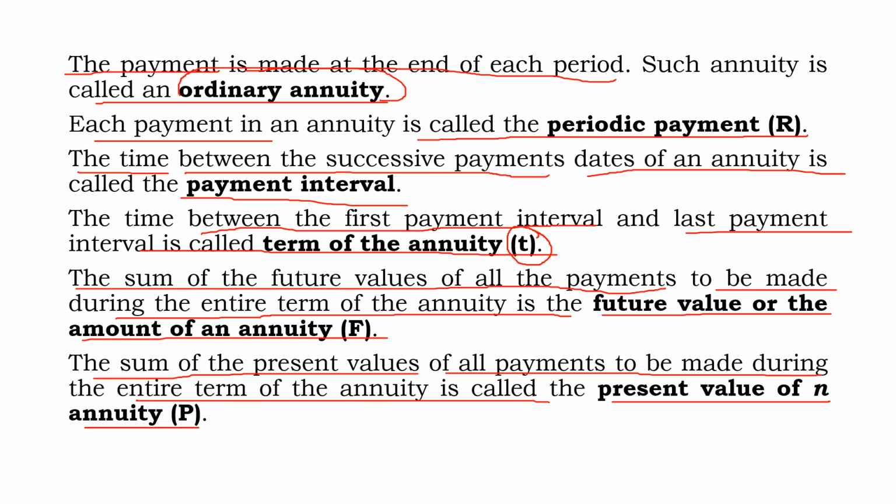So whatever this borrower needs to pay for each periodic payment on this annuity without interest, that is a present value. So once we sum up these present values of all the payments to be made, that is the present value of an annuity.